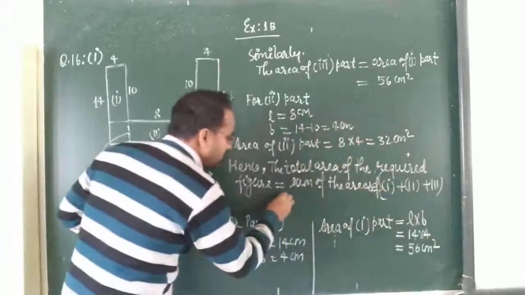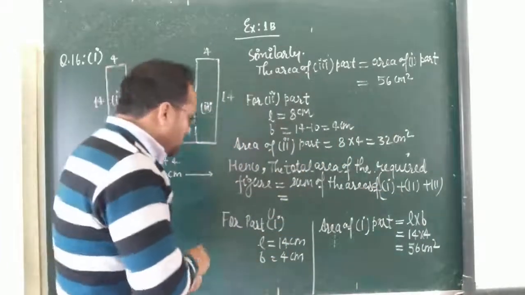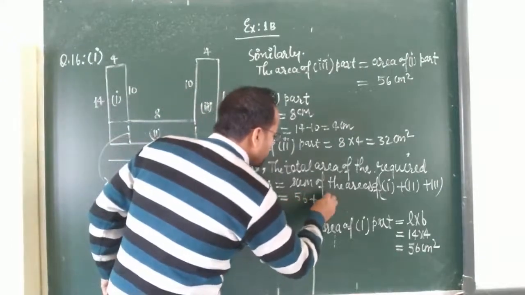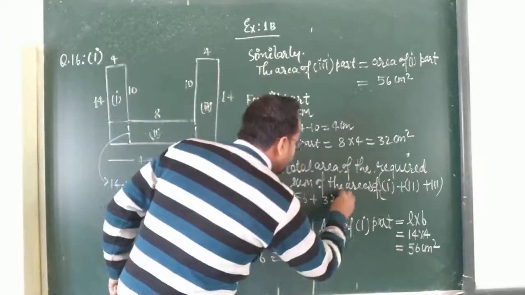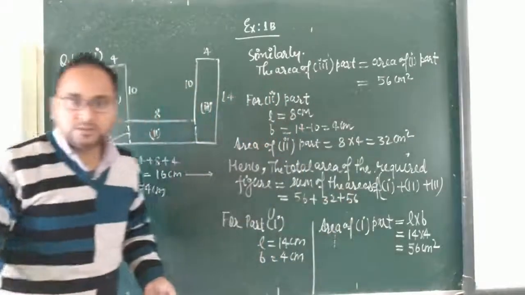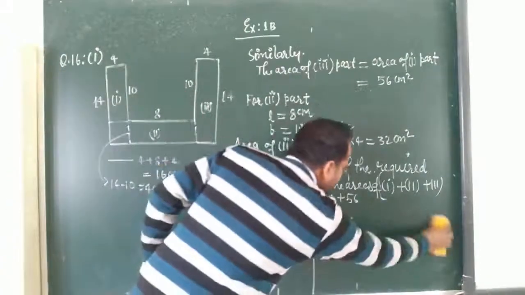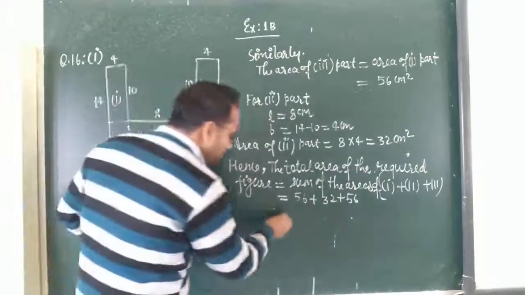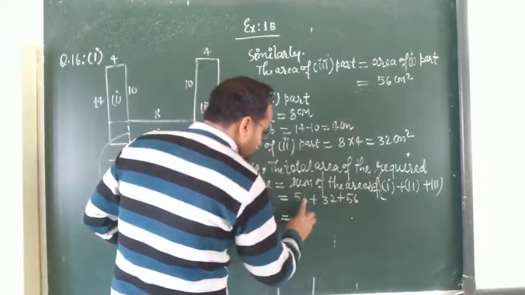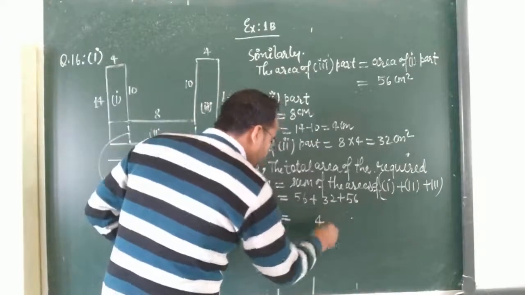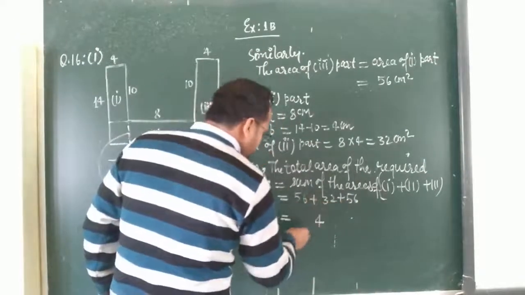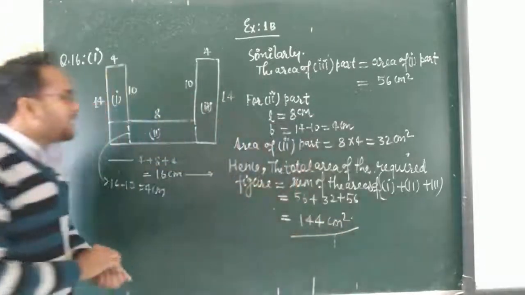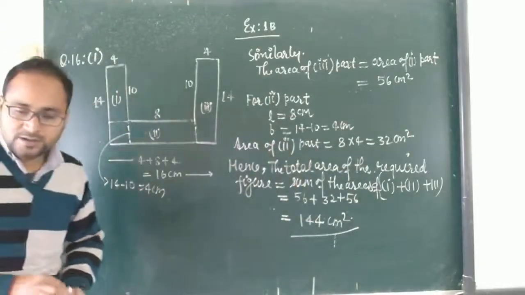So 56 plus second part 32 plus 56. If you add this, you will get the total area of the given figure: 144 centimeter square. So this is the area of this required figure.